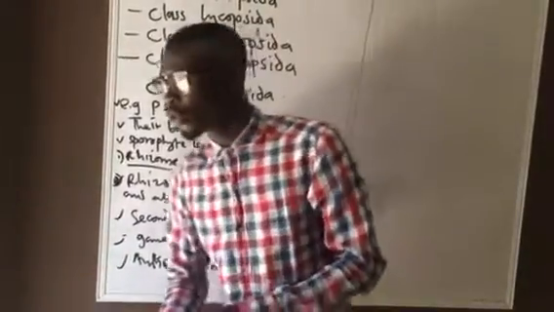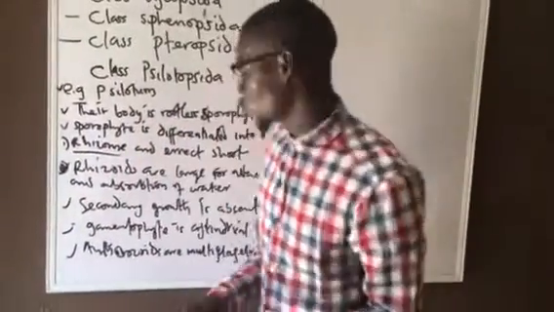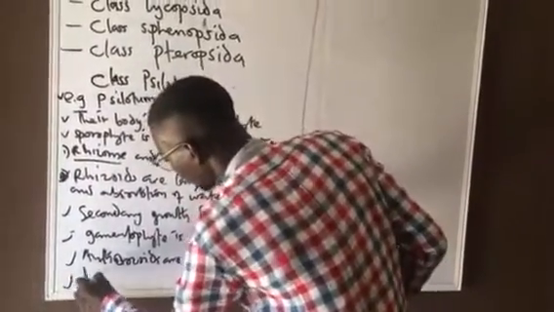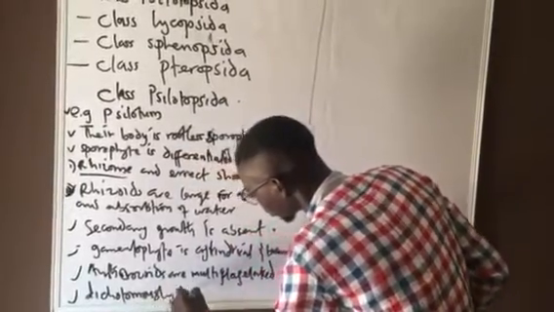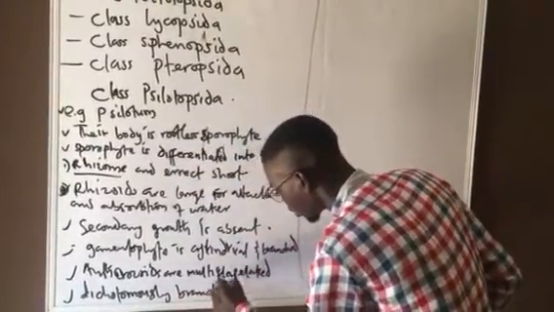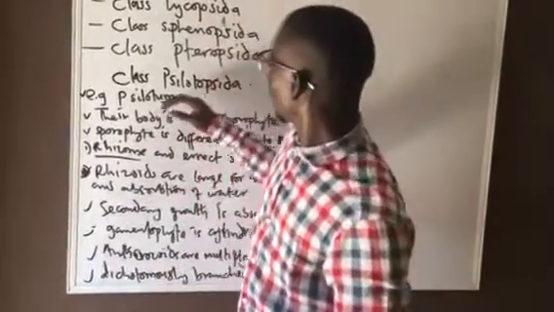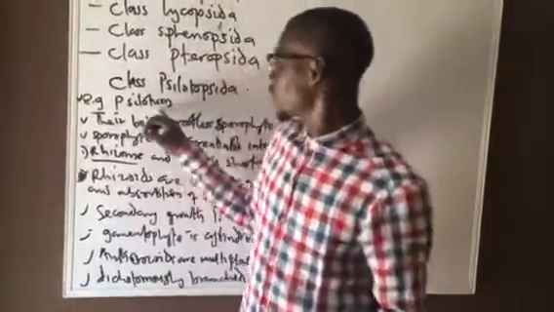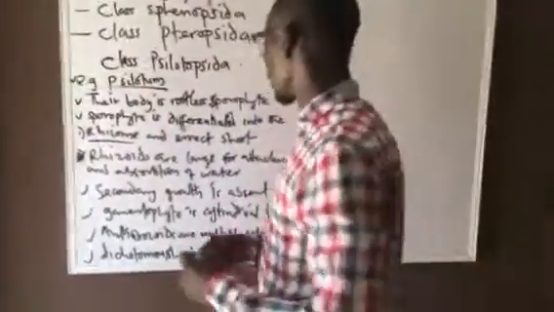So they have a lot of flagella. That is this particular group, and they are dichotomously branched. So we have said these characteristics. The Psilotopsida example is Psilotum. They have the following characteristics.